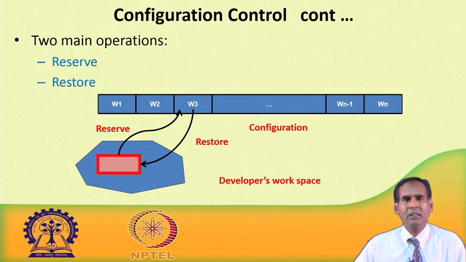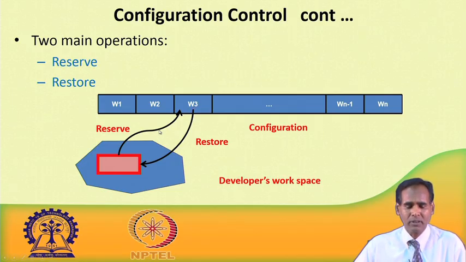If they are satisfied and everything is approved, yes, the changes are correct, then the developer will replace this master copy W3 with the privately developed copy through an operation called the restore operation.